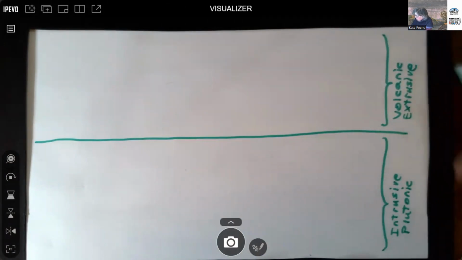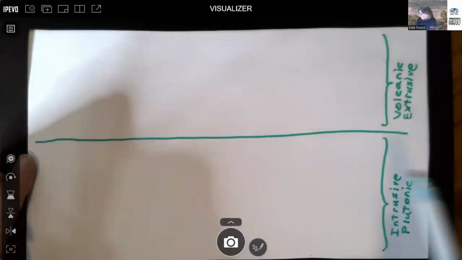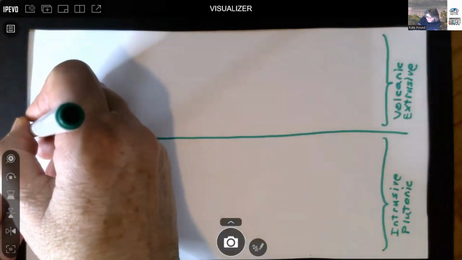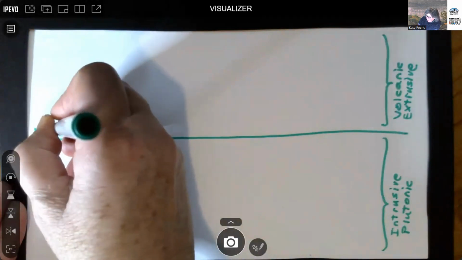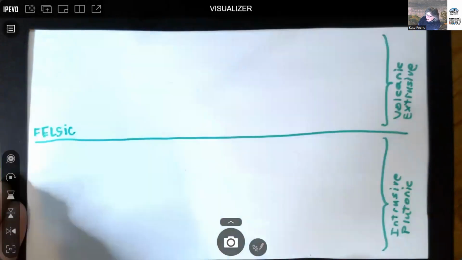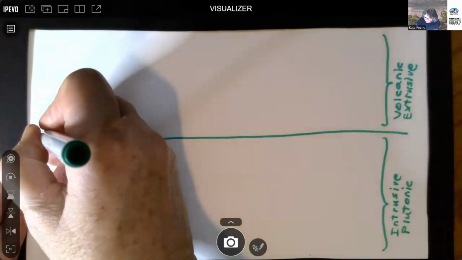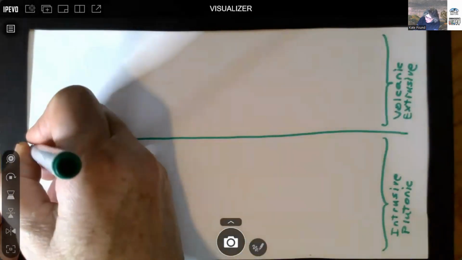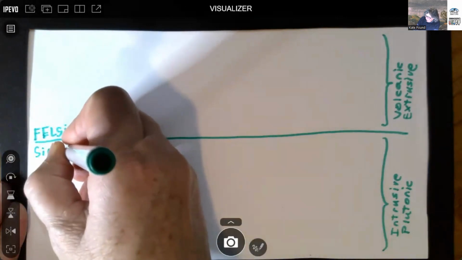And then above the surface, up here, this is where everything is called volcanic or extrusive. Now, on the scale going from left to right here, I'm going to say that everything over on the left-hand side is what we call felsic. That's F-E-L-S-I-C. And essentially that means that it is rich in silica.